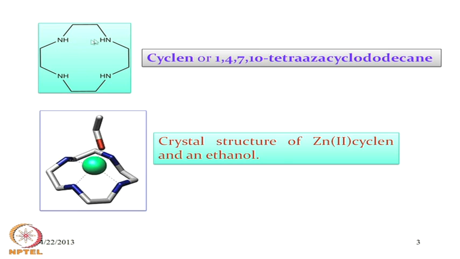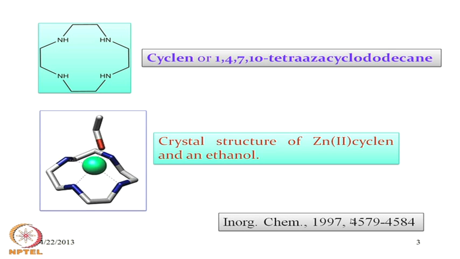So, this ligand is providing 4 donor atoms, 4 nitrogen atoms, and the 5th one is by the corresponding ethanol. So, this particular geometry is much more flexible, and we have a puckered geometry for the ligand system. This can be found from the reference of Inorganic Chemistry by the American Chemical Society.